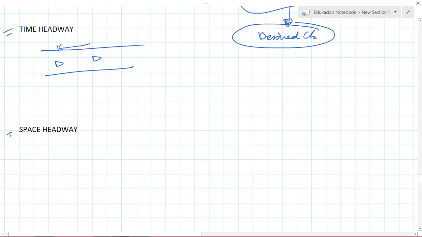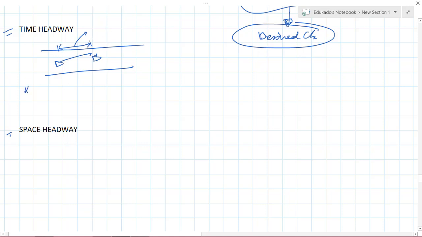They are separated by some distance, but with respect to time also they are separated. I can say that after 2 seconds, if this stops, then after 2 seconds this will come to here. So you can't determine the gap between two vehicles only by distance, but also by time. This is known as the time headway.